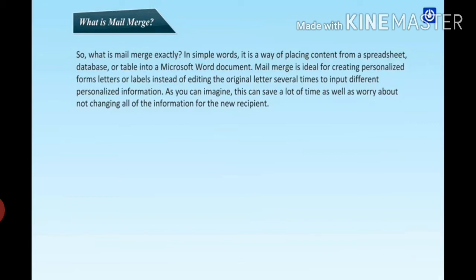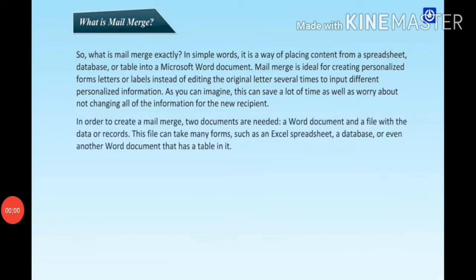As you can imagine, this can save a lot of time, as well as the worry about not changing all the information for a new recipient. In order to create a mail merge, two documents are needed. The first one is a Word document and the second is a file with data or records.